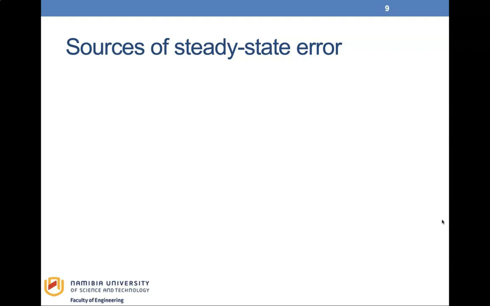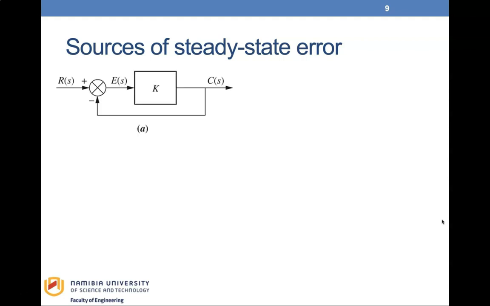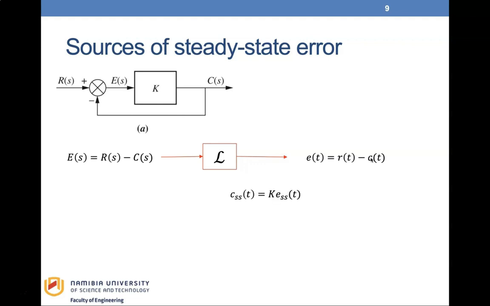For example, consider this figure where R(s) is the input, C(s) is the output, and the error is given by E(s), which is equal to the difference between the input and the output. Let us consider a step input. If c(t) is equal to r(t), then our error signal e(t) will be 0.